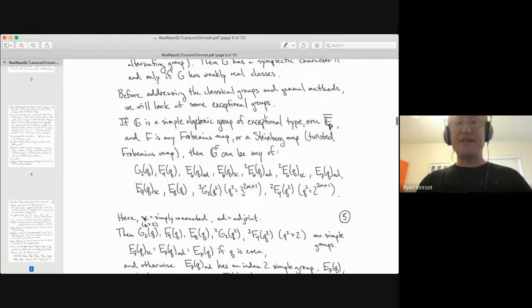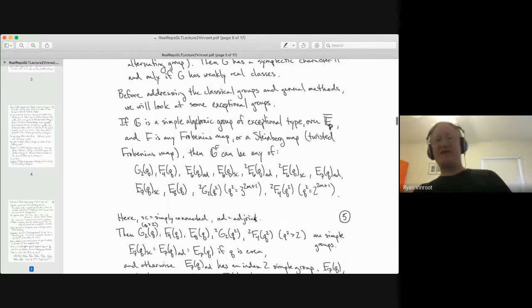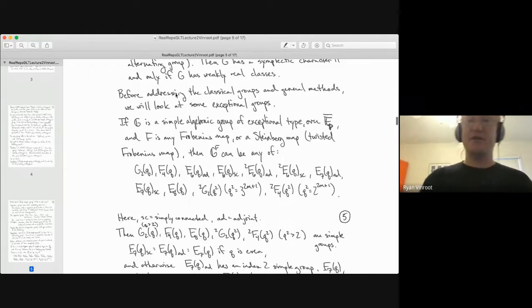As I said, SC means simply connected, ad means adjoint. So these are types of simple algebraic groups. And then from this list, immediately G2(q), when q is greater than 2, and F4(q) are simple. E8(q) is simple. These Ree groups are simple.